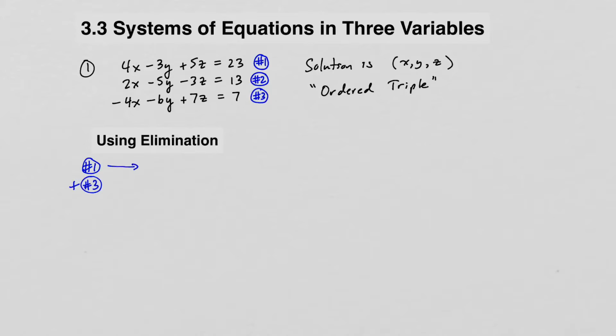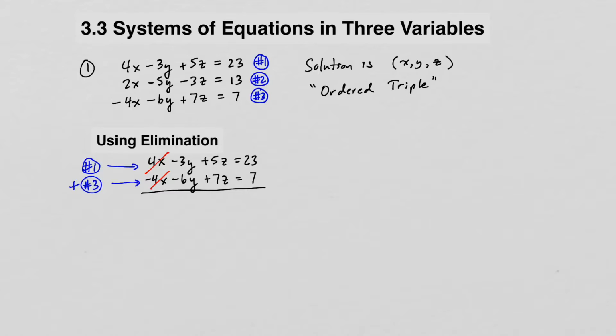And equation number 1 is 4x minus 3y plus 5z equals 23. And equation number 3 is negative 4x minus 6y plus 7z is equal to 7. And I'm going to add those together. And when we do that, the x variables cancel out.